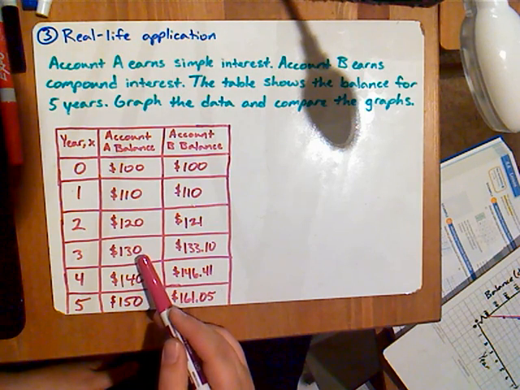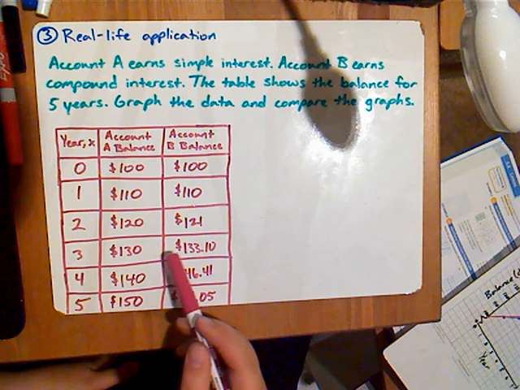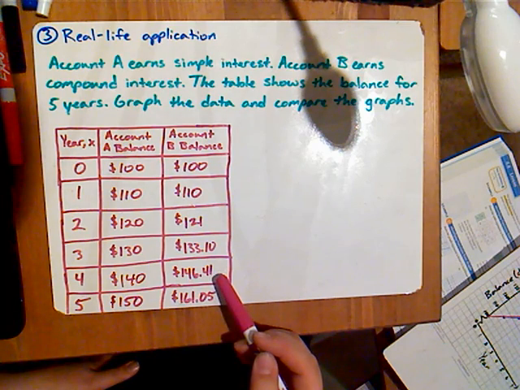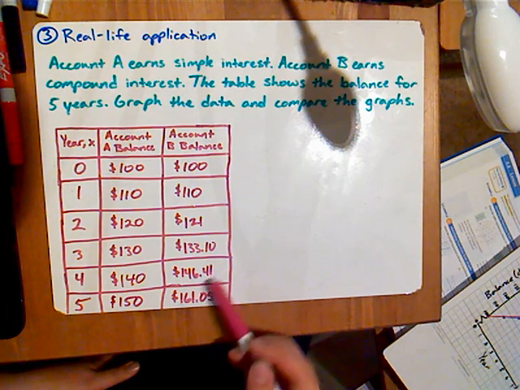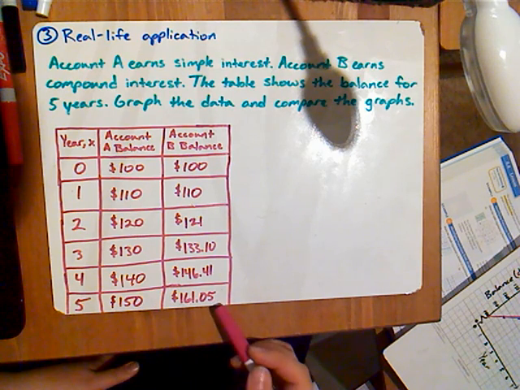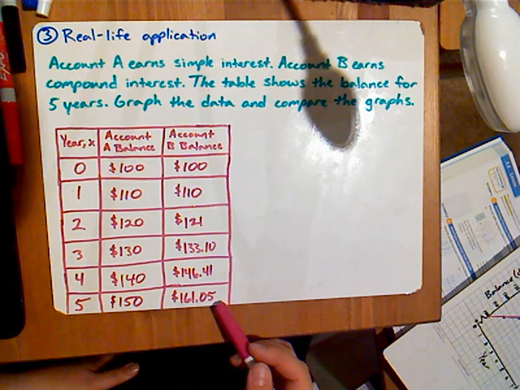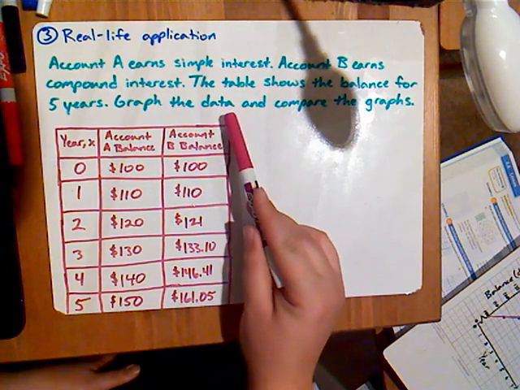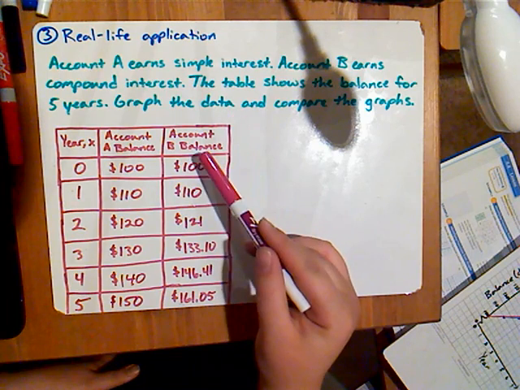At 3 years, account A is 130, and account B is 133.10. At 4 years, account A is 140, and account B is 146.41. And at 5 years, account A is 150, and account B is 161.05.